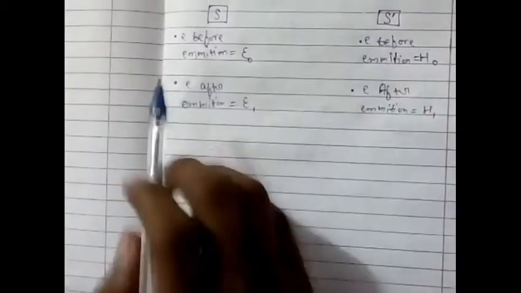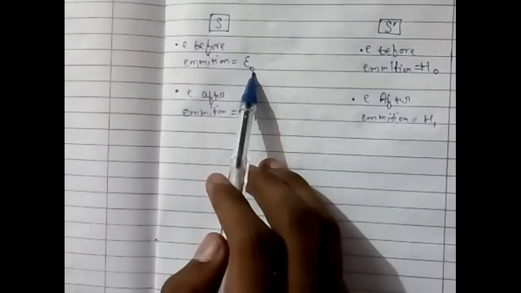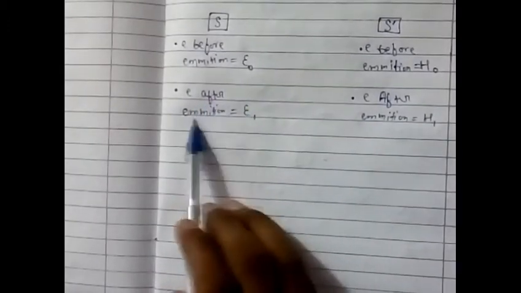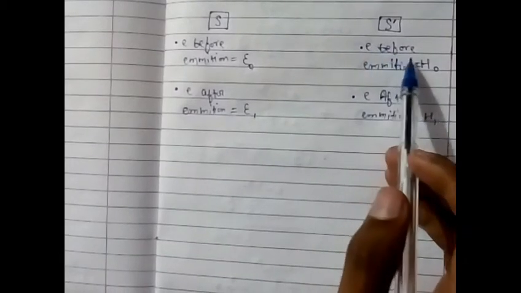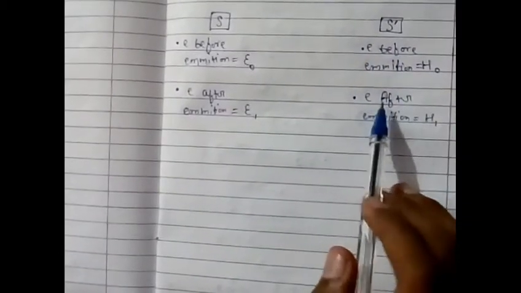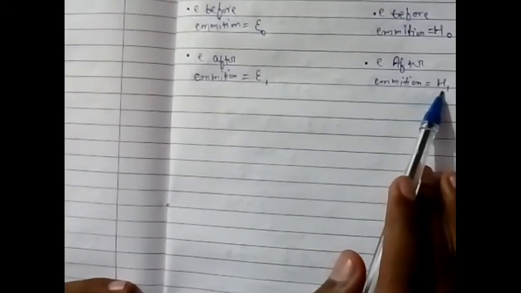Now imagine two frames of reference again, S and S prime. So according to S, the energy before emission is E naught and the energy after emission is E1, and for S prime, the energy before emission is H naught and the energy of the photon after emission is H1.